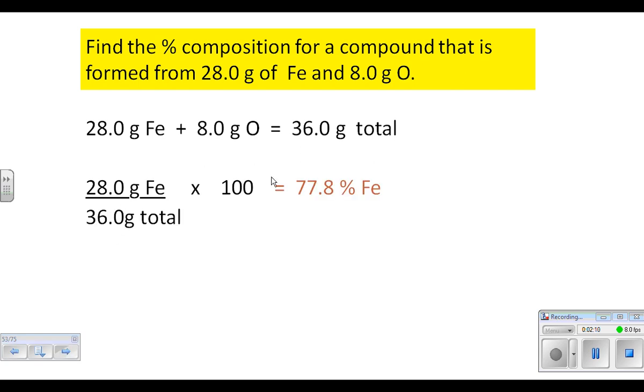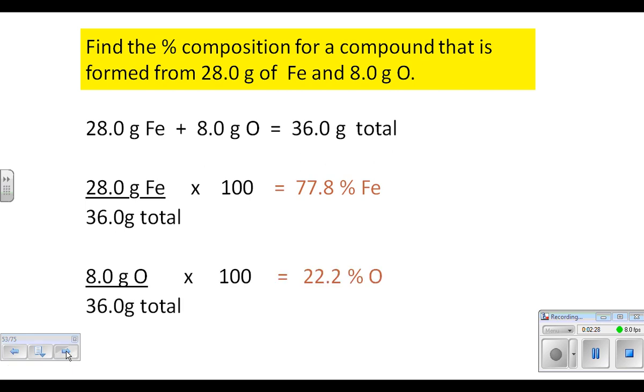That would give us 77.8% iron. Now, when we did 8 divided by 36 multiplied by 100, that would give us the percent composition of oxygen. So that would be 22.2% oxygen.